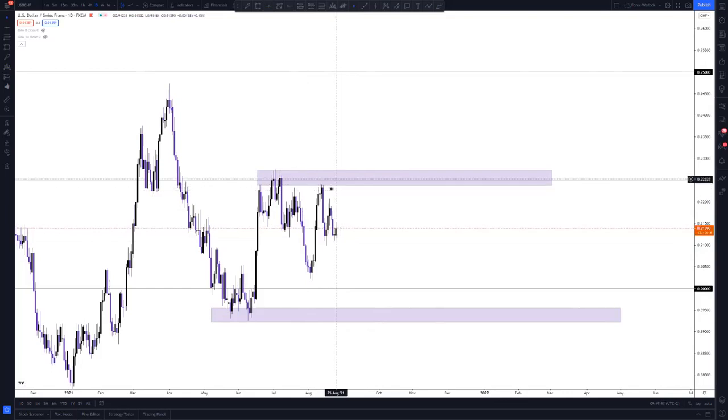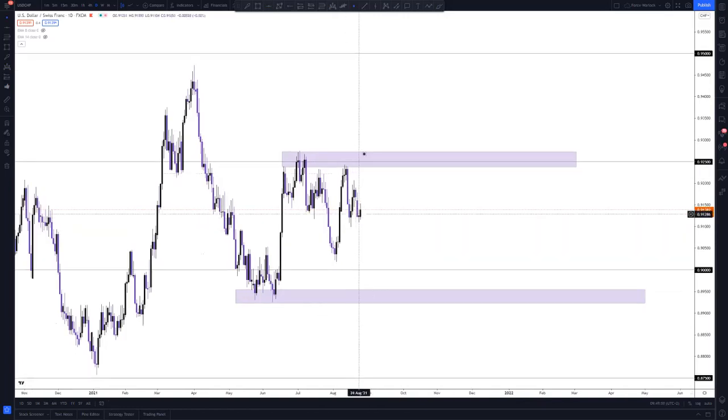So I will be looking at places like this for my entries. This pair is actually not clear. So I won't say I'm going to take trades around this area, but I will look for levels where, if I give price room to breathe, these are the areas I'm going to look at. But it's not clear. Let's go to the next one that is clear for me to analyze.